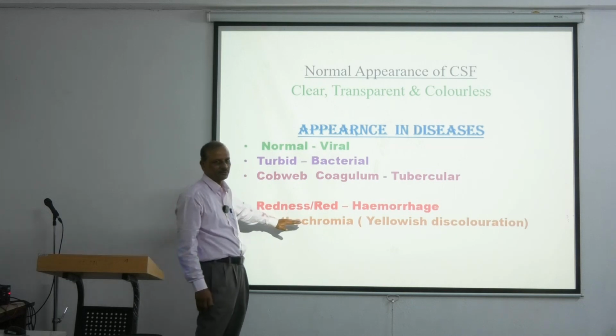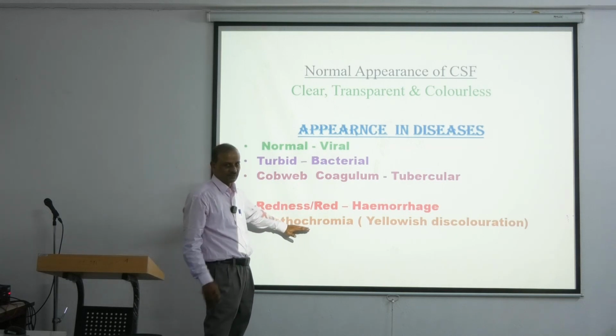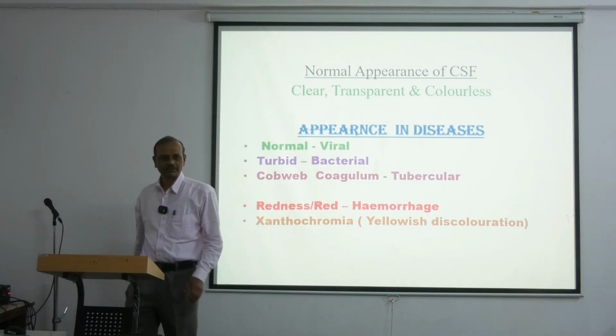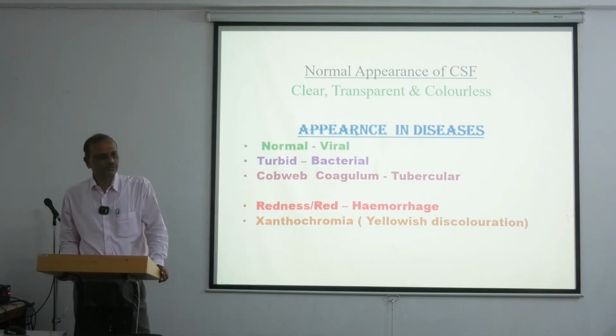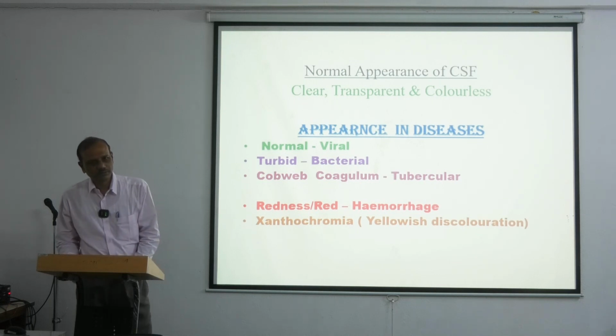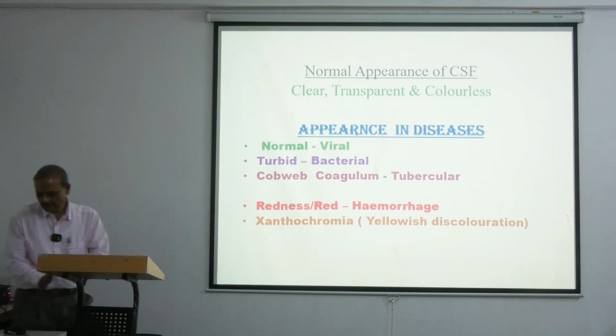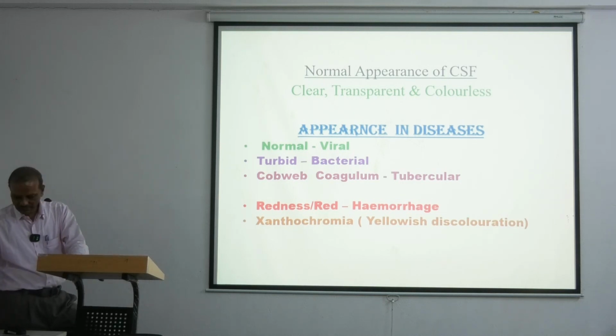This is how I could diagnose subarachnoid hemorrhage. This indicates old hemorrhage because bilirubin is produced from RBC. So some amount of time has to be given for the hemoglobin to get converted into bilirubin. So that is yellow discoloration.